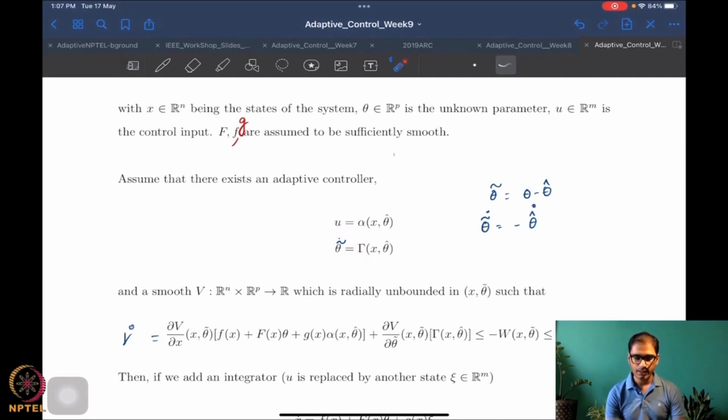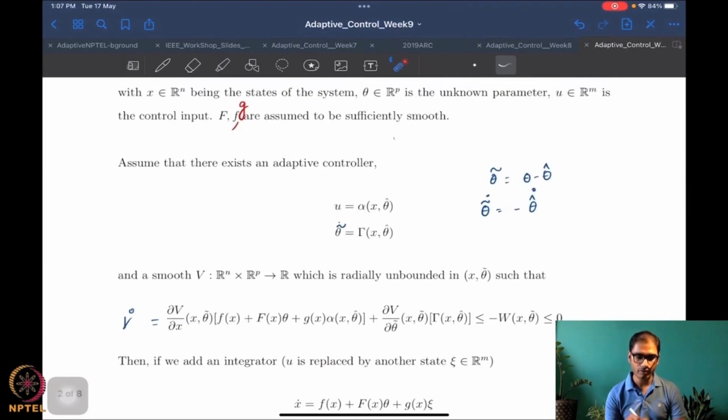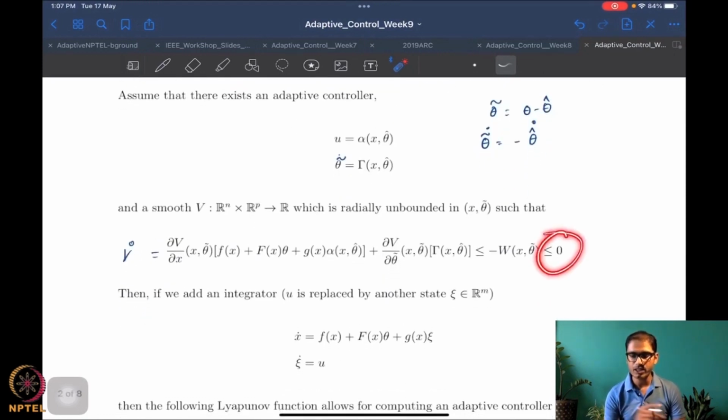So this is just the derivative of V along the closed loop trajectories. V is a function of x and theta tilde, so partial of V with respect to x times x dot, and partial of V with respect to theta tilde times theta tilde dot. And the assumption is that V dot along the system trajectories is less than or equal to minus W(x, theta tilde), which is a negative semi-definite function.